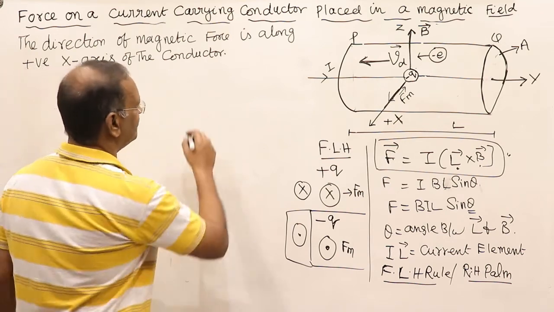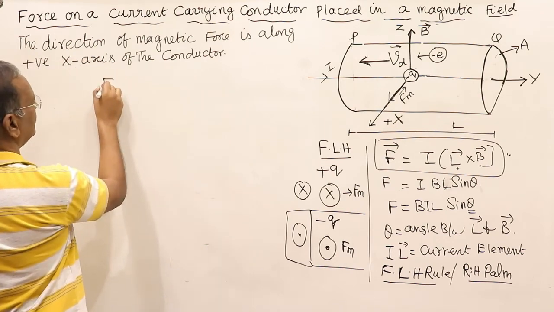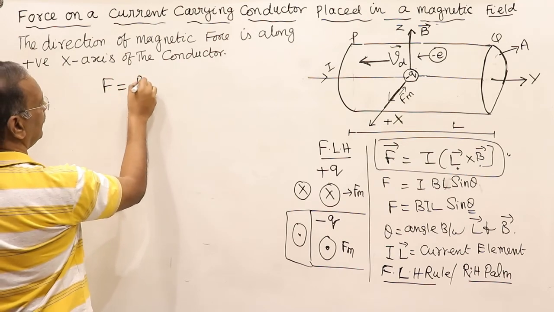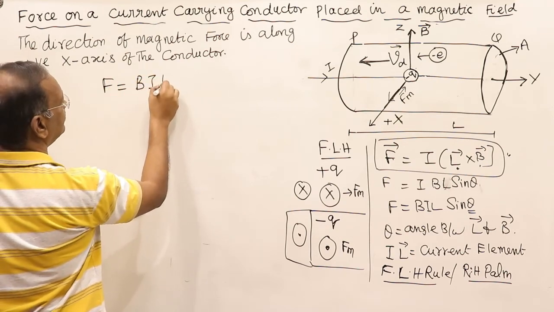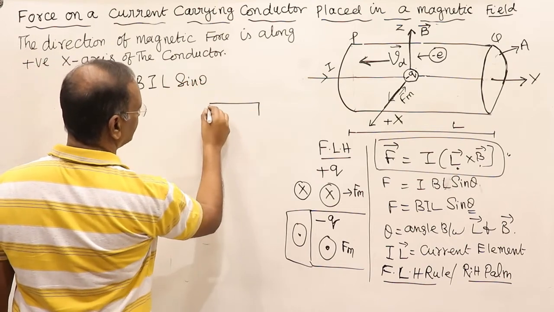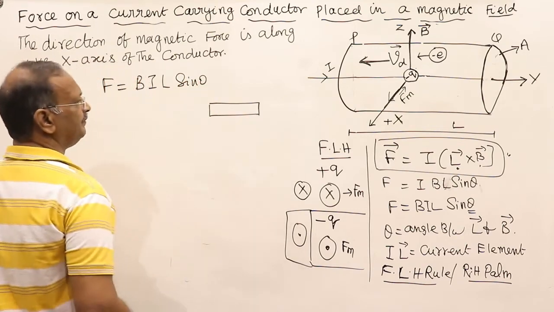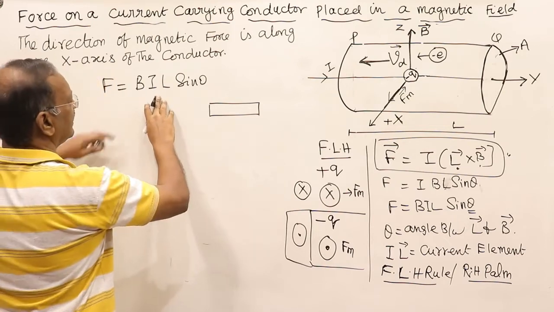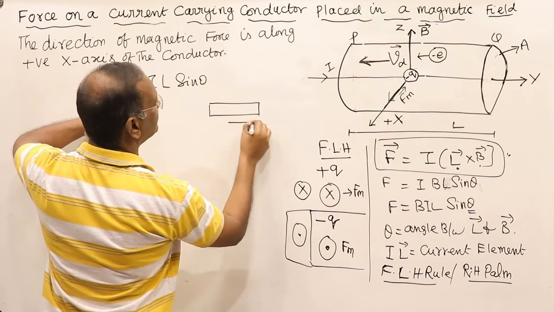So what is the magnitude? The magnitude of force is equal to BIL sin theta. This is the conductor, and current flowing in the conductor is in this direction.